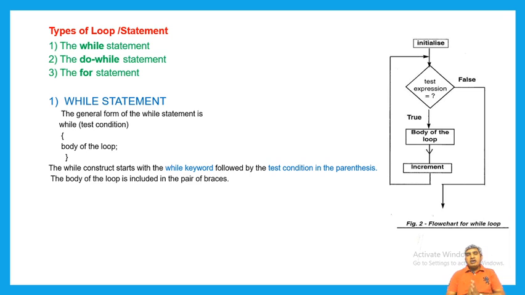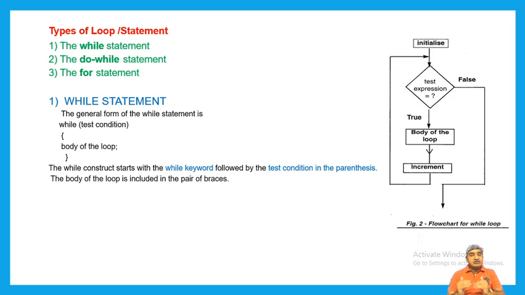Now consider the flowchart. First initialize, then test the expression. If it is true, the body of the loop is executed. Then there is an increment. Again the execution of the program goes upward, and again the condition is checked.